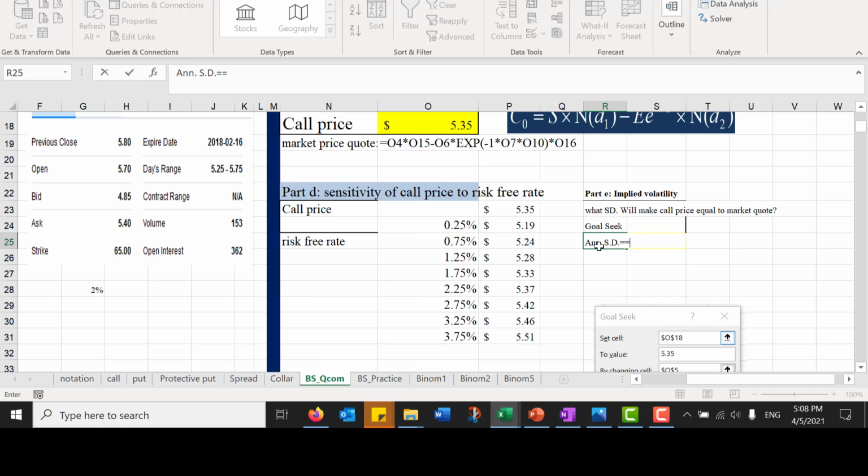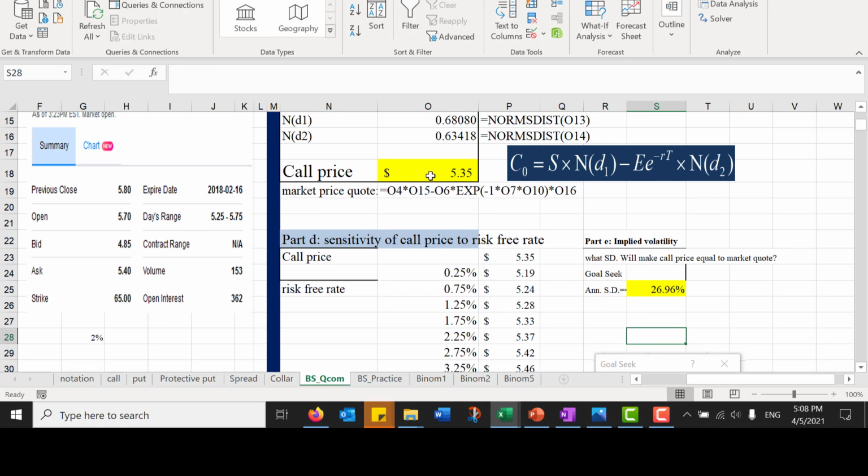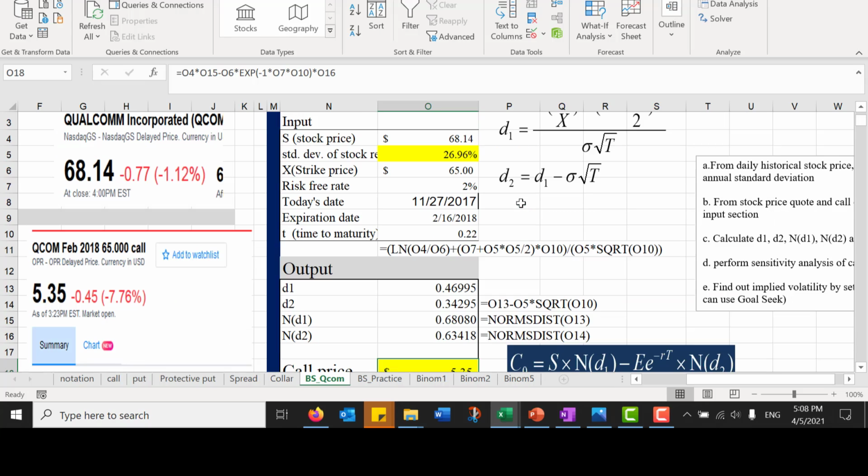So look at the number of days over the actual number of calendar days. If it's 6 months, it's half a year, right? So everything has to be annualized. So this is something given. The risk-free rate, annualized rate, we assume 2% here.